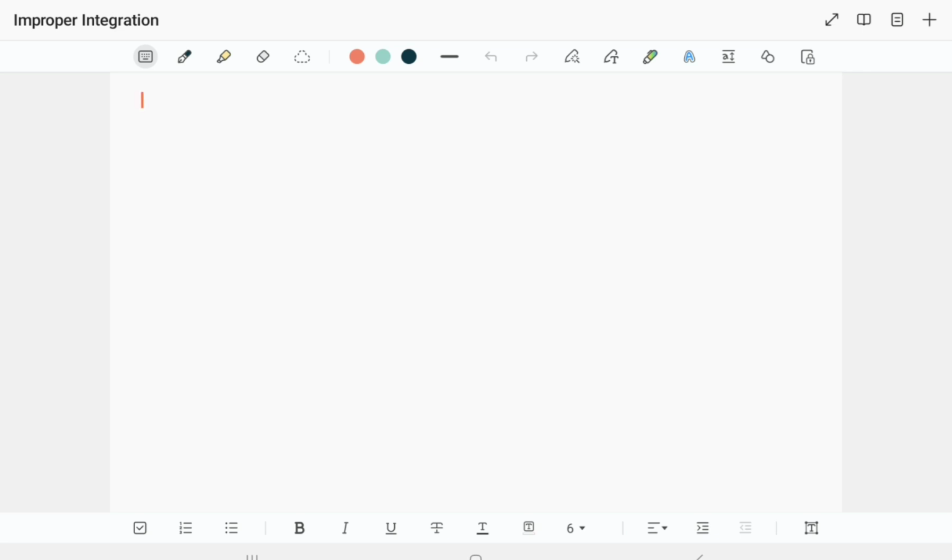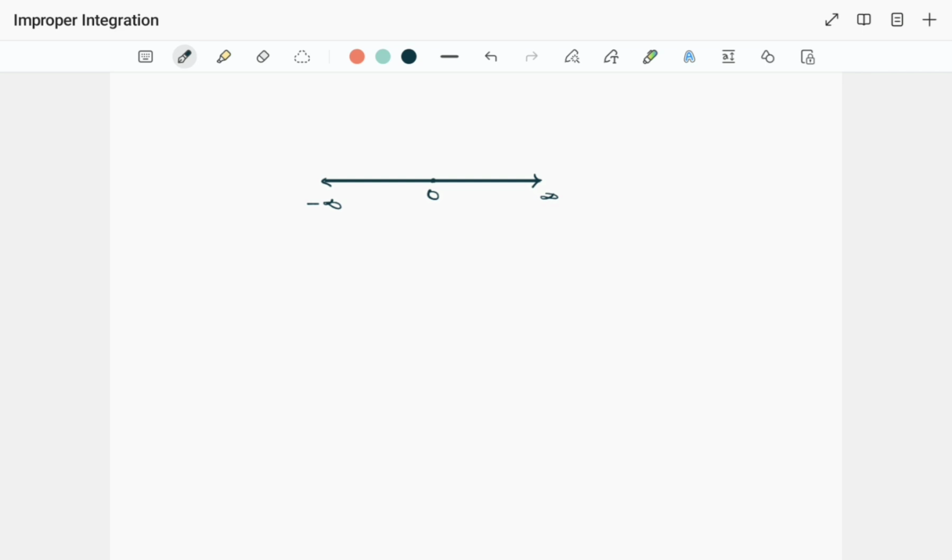I mean, if we start from a point and end at a point, then there will be no gap in between the numbers. Like if I draw a straight line and take it as a real number line, so if this is 0, this portion is negative and this is positive.